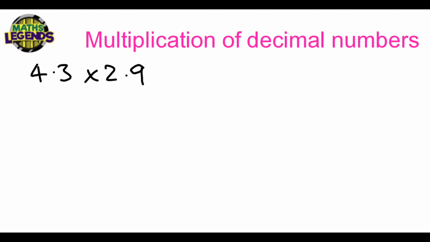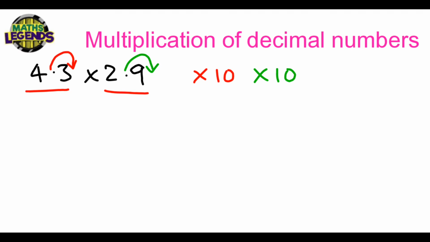4.3 times 2.9. Here both numbers have a decimal point, so what we need to do is change these into whole numbers. We can do that by moving the decimal point one place to the right. To do that we need to multiply by 10. We then do the same for the second number, so the 2.9 becomes 29 by multiplying by 10.